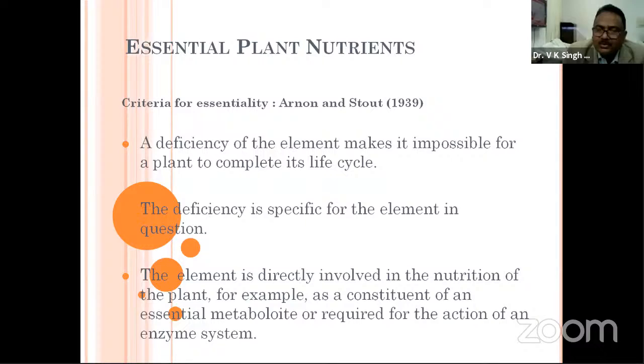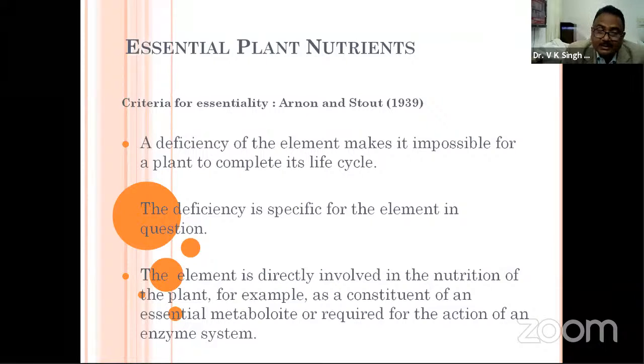First, deficiency of any element makes it impossible for the plant to complete its cycle. That means if we do not supply an element, we all know that 17 nutrients are important, but if any is deficient, the plant will not be able to complete its life cycle.